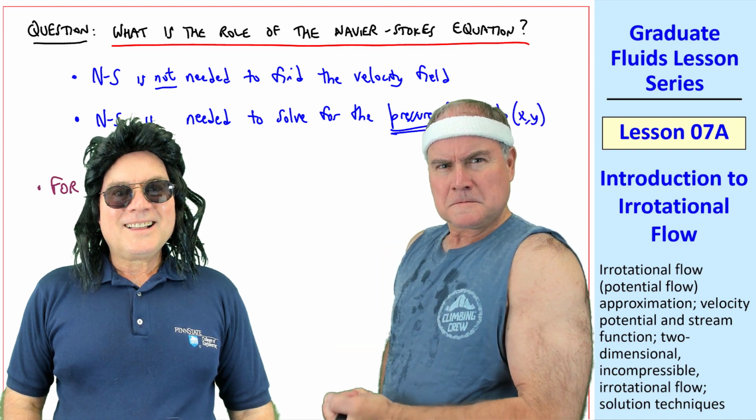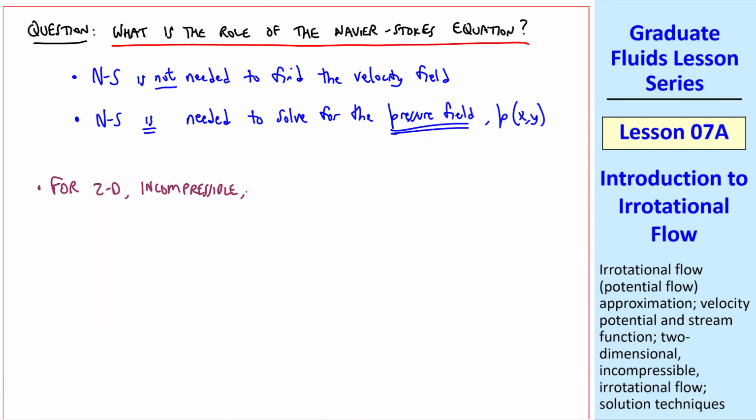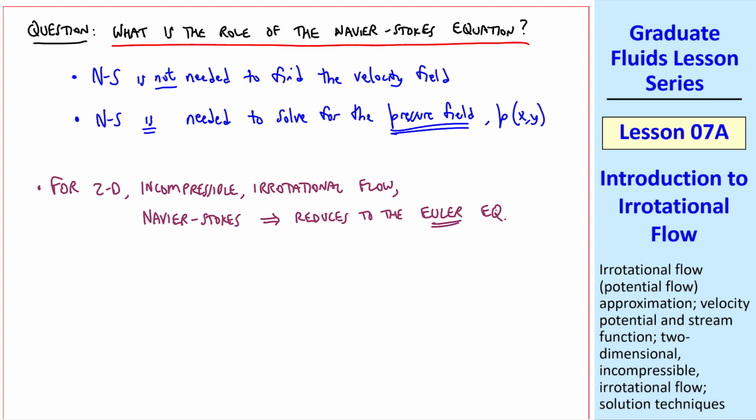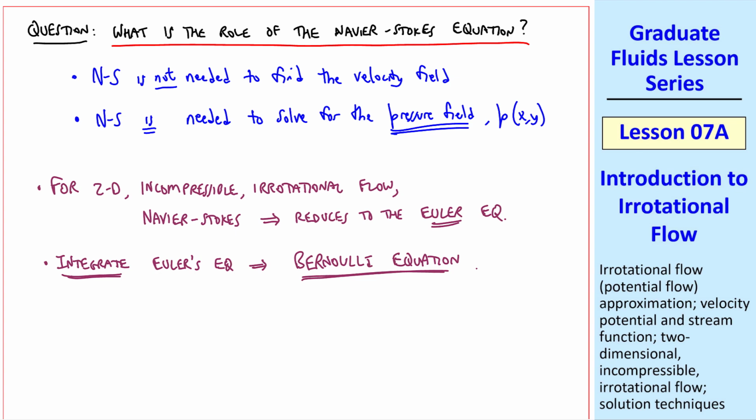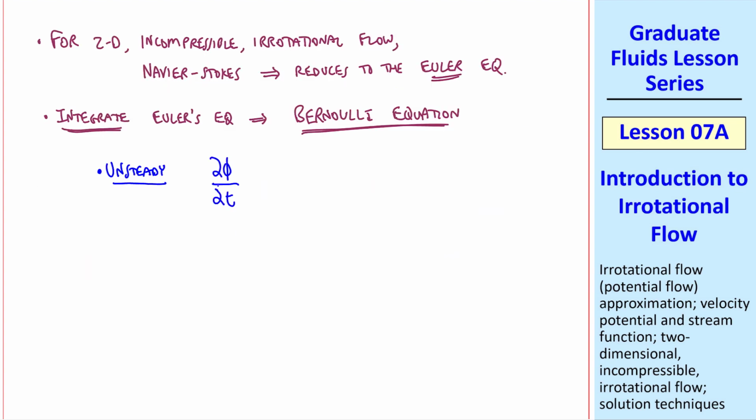Cool. For our restrictions, 2D incompressible irrotational flow, the Navier-Stokes equation reduces to the Euler equation, where all the viscous terms have disappeared due to the irrotationality, as we've discussed in a previous lesson. If we integrate Euler's equation, we get the Bernoulli equation, as we've also done in a previous lesson. If the flow is unsteady, the Bernoulli equation takes the form del phi del t plus p over rho plus V squared over 2, where this is a capital V, the magnitude of the two velocity components.